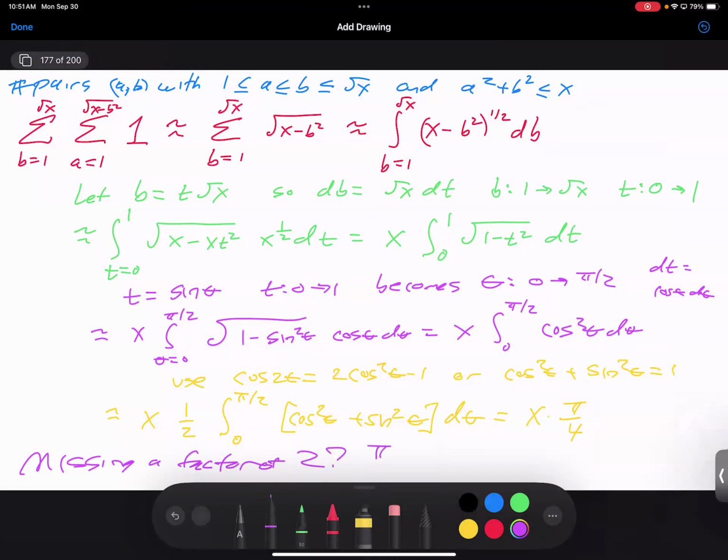Does anybody know what pi over 8 is approximately? It's close to that. So pi over 8 is 0.392699.